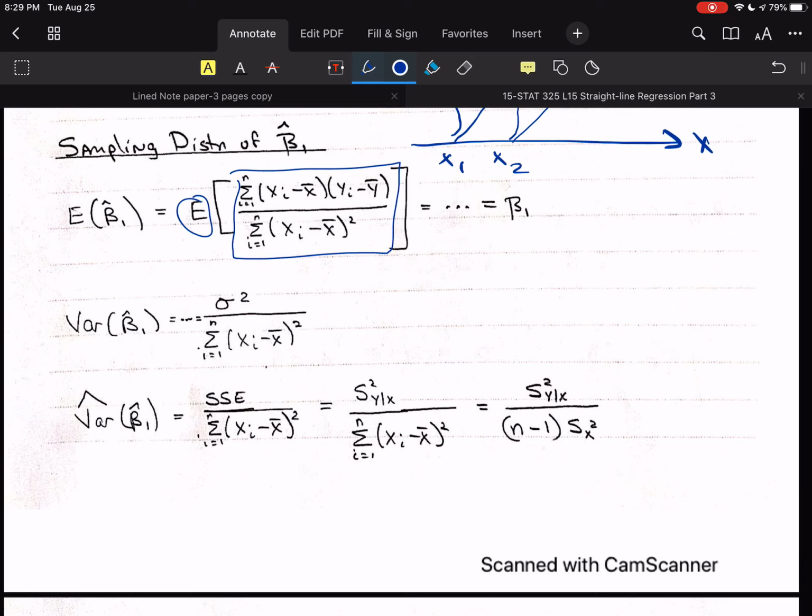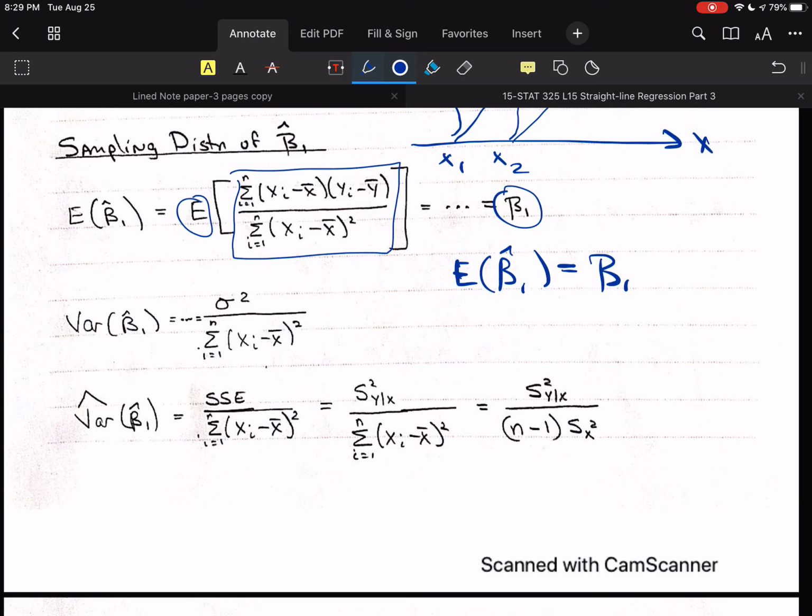But when we get finished, we end up with beta 1. So E of beta 1 hat is equal to beta 1. That's nice. The expected value of the estimate is the population parameter. That's exactly what we want.